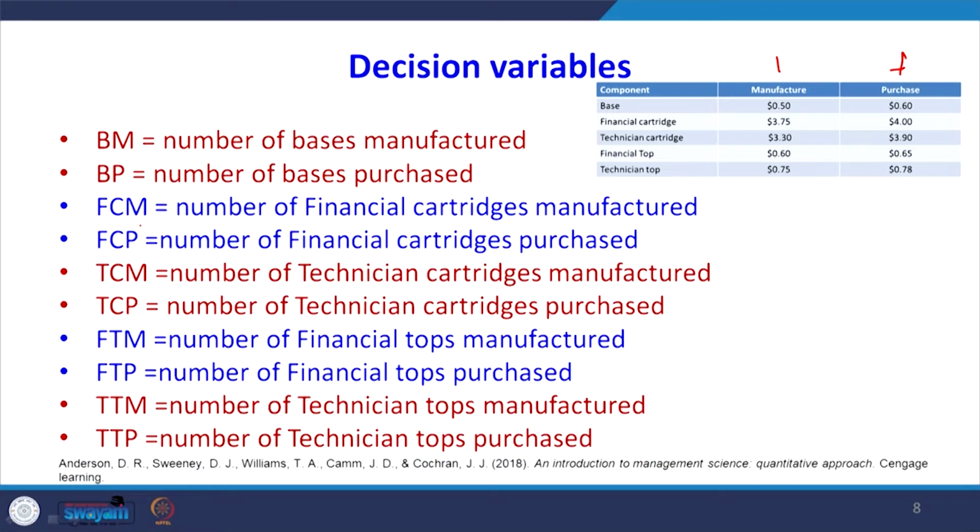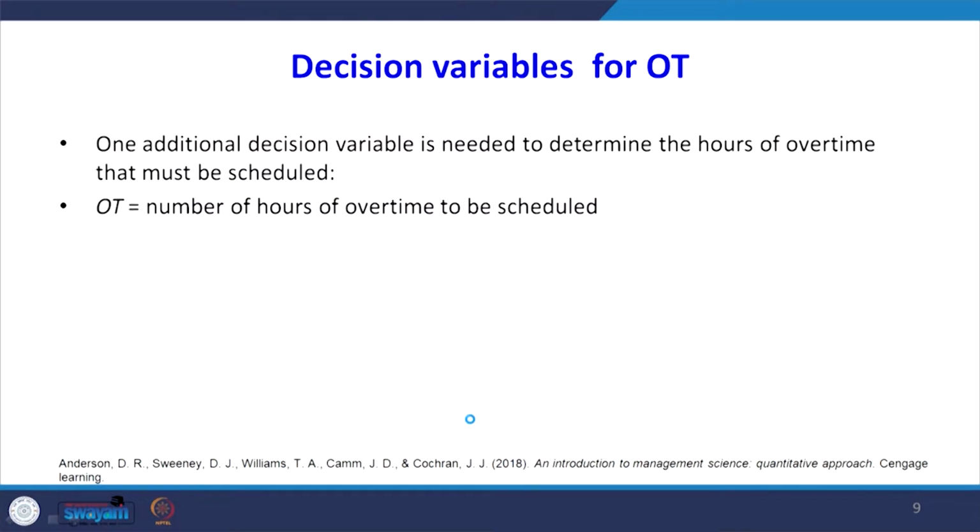There are 5 components and 2 possibilities, make or purchase, so there will be 10 decision variables. Apart from these, we have to introduce one more decision variable for overtime, to determine the hours of overtime to be scheduled. The decision variable for that is OT, the number of hours of overtime to be scheduled.